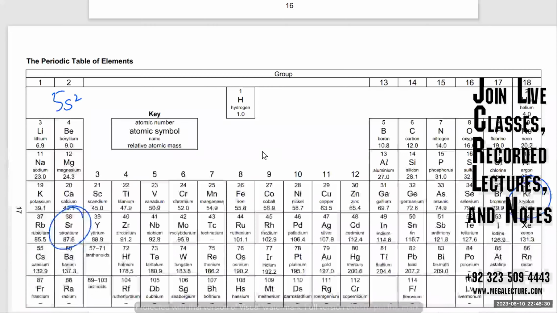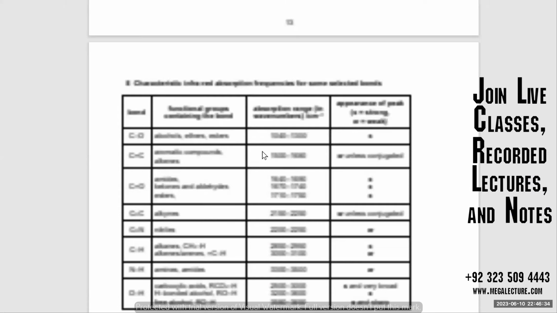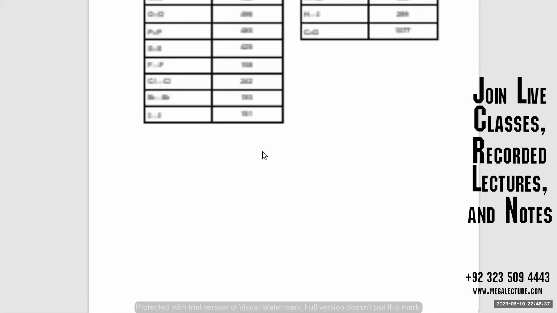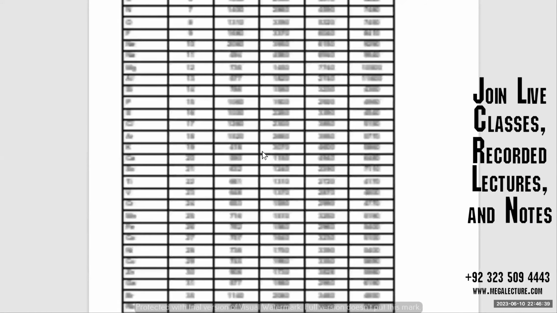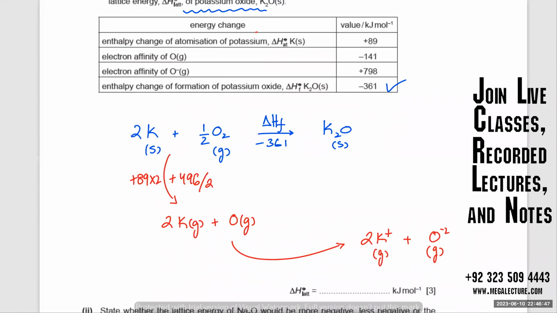These ones are Cambridge questions, so the data booklet is given separately. The ionization energy of potassium is given over here somewhere. It's 418, the first ionization energy of potassium, but times 2 because you've got 2 potassiums.